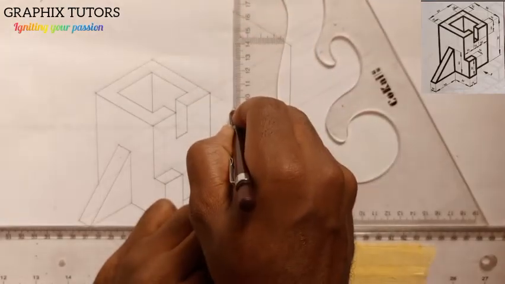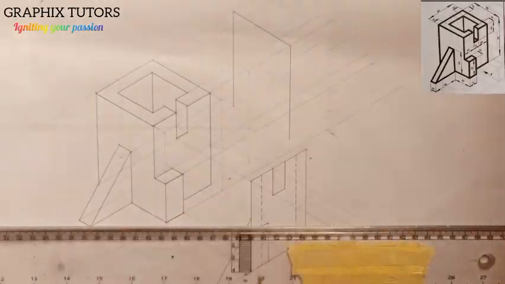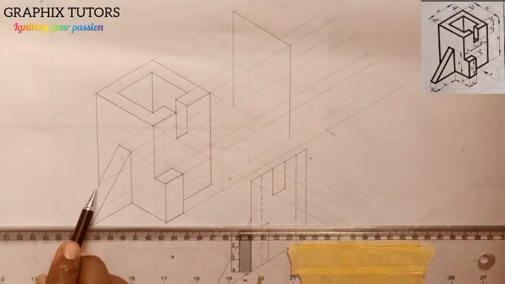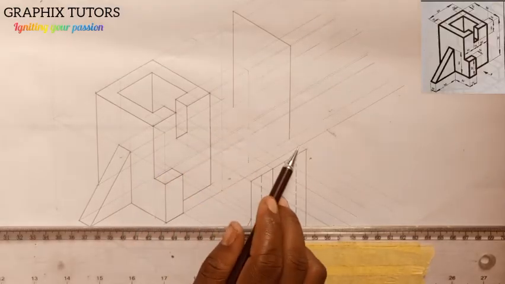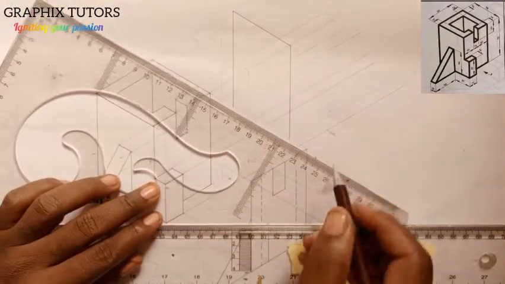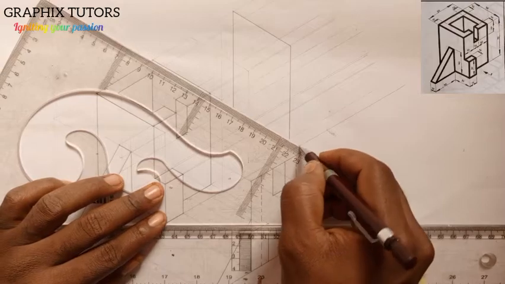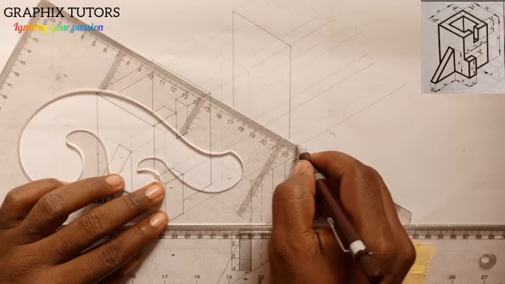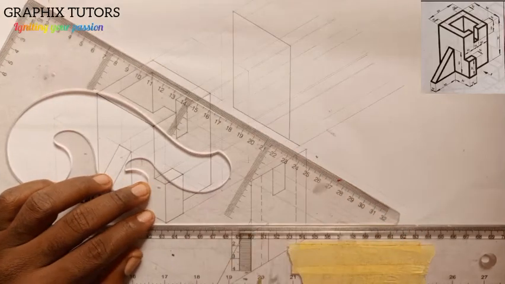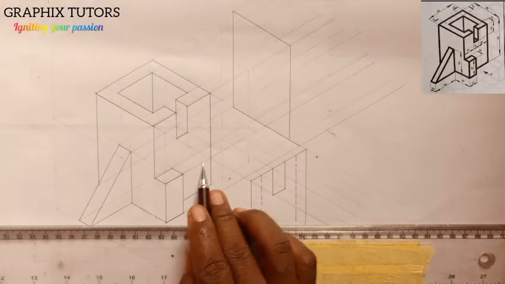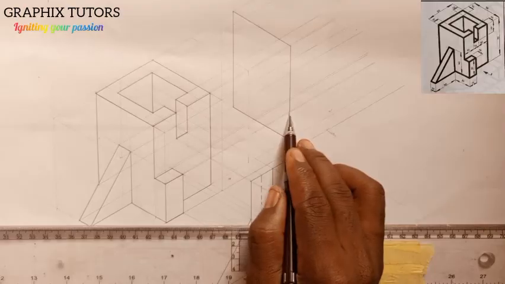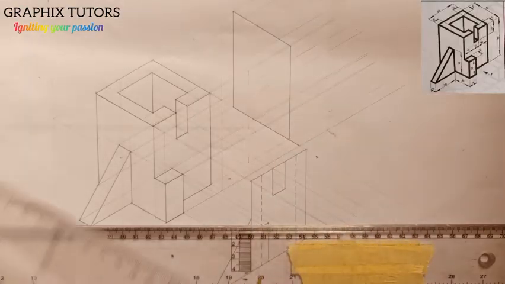Then I'll connect from here to this point, which is from here to somewhere around here. Can you see that? Now this point, if you trace it to this point, right, then I'll bring it out.